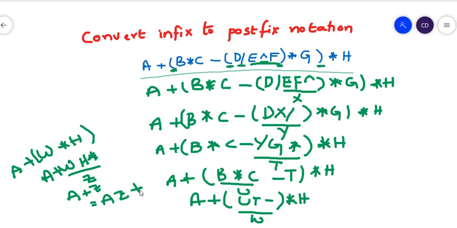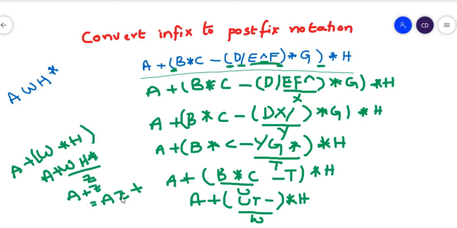Okay. So now I want to expand this thing into my expression, and I'll get my postfix notation. I'll show you here. See, what do you mean by Z? Z is nothing but WH star, right? So simply in place of W, you can write WH star.